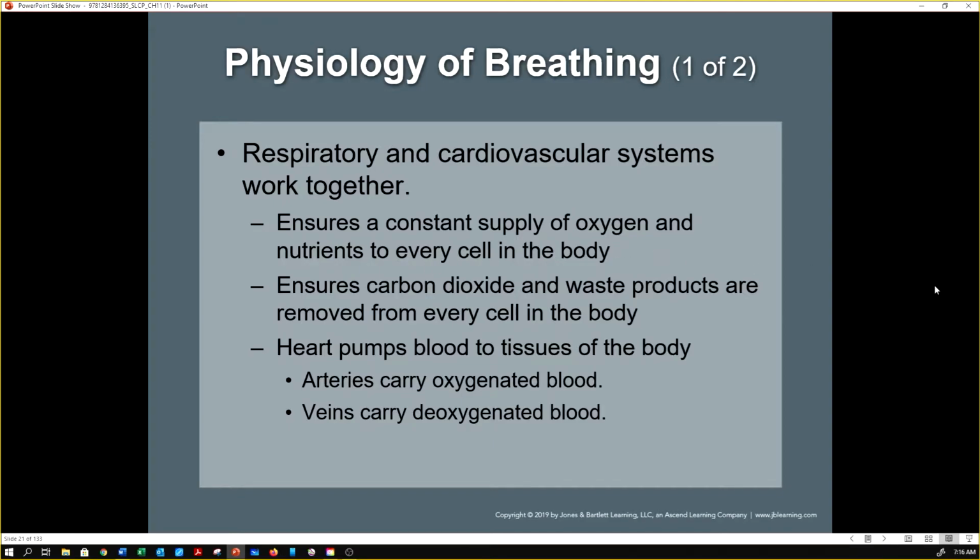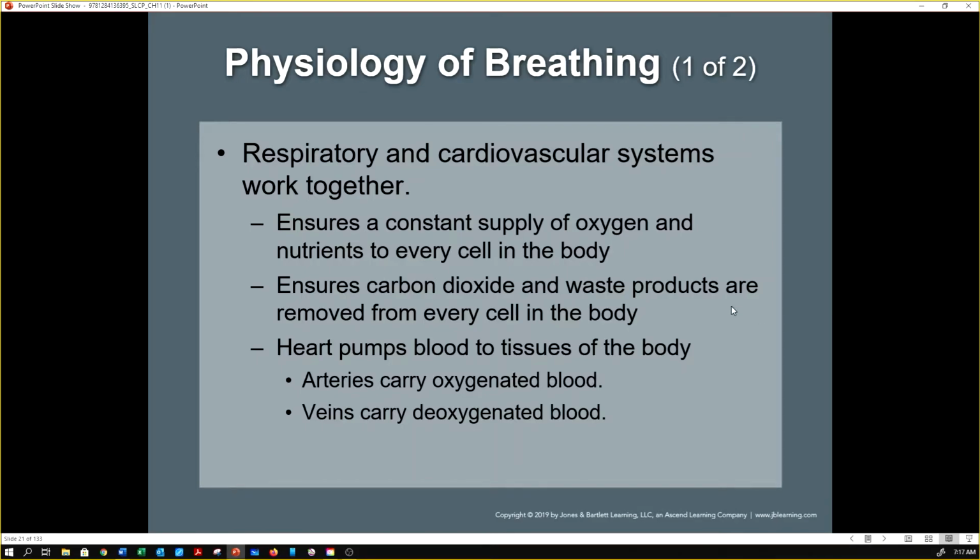And then we have the relationship of the cardiovascular system and how it works with the respiratory system. They have two different jobs, but very similar jobs because both participate in gas exchange, right? Both participate in the delivery of oxygen.